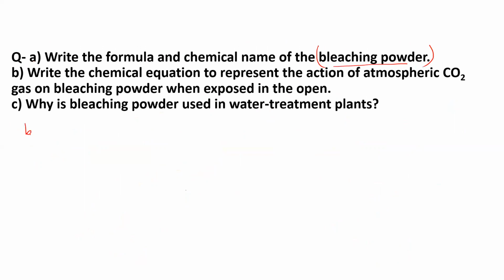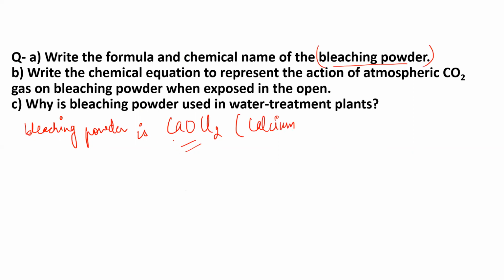The formula of bleaching powder is CaOCl2. And its chemical name is calcium oxychloride. Here we have calcium and here we have oxygen.